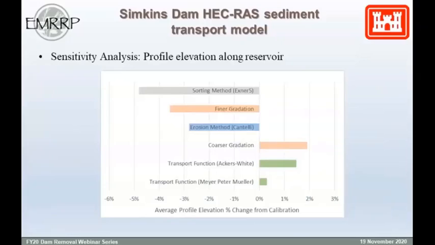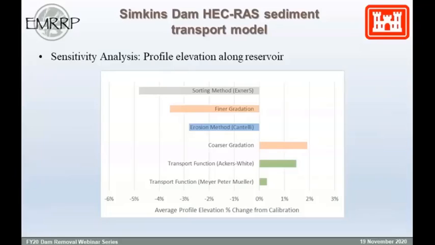So here is a plot where I'm showing how my profile elevation compares to calibration values when I change the inputs that I just described. And the profile elevation is highly sensitive to the sorting method.